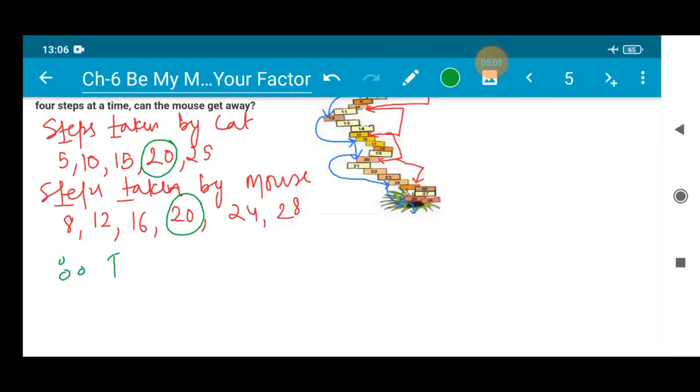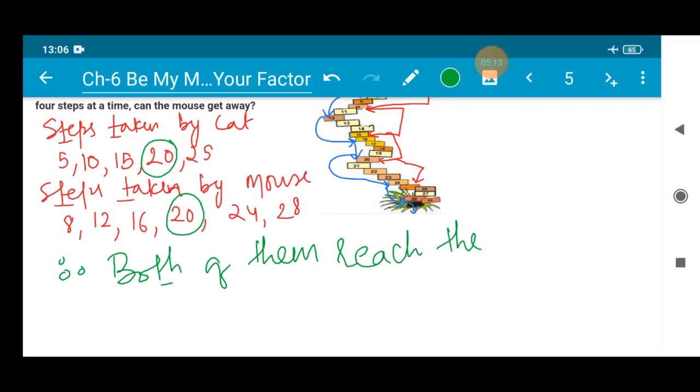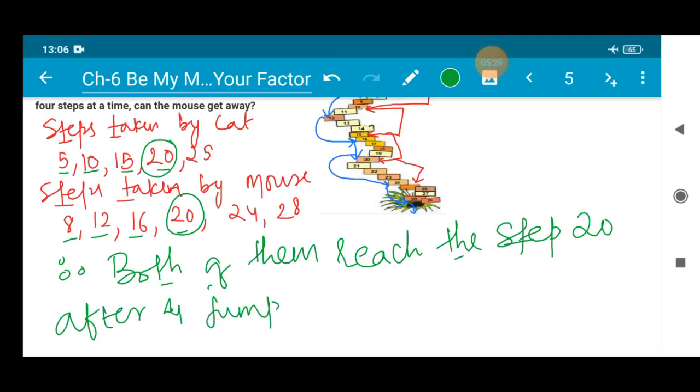Okay, both of them reach the step 20 after 4 jumps, 1 2 3 4, 1 2 3 4. So after 4 jumps, they are meeting at step 20.